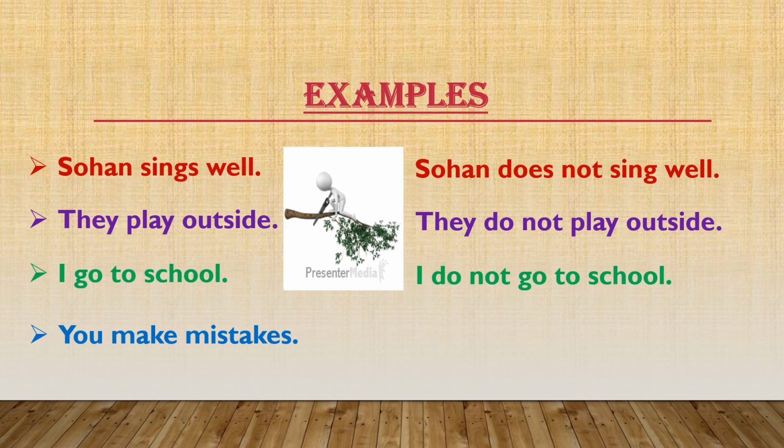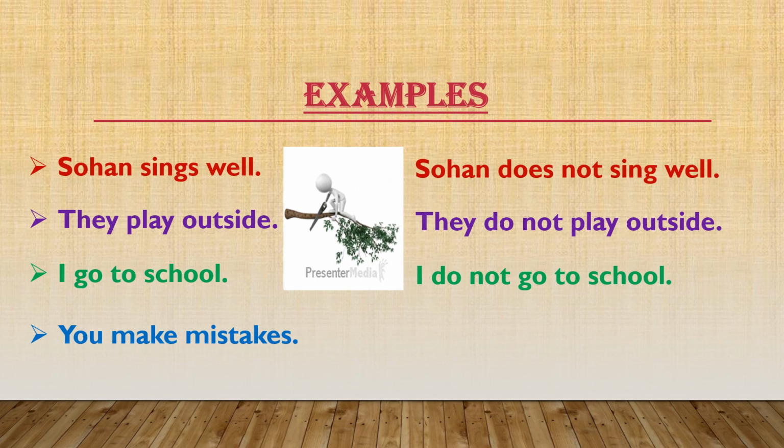Another one for you. You make mistakes. What is the verb here? Yes, it is make. Make is not having anything extra here. It is already in its root form. So make will remain make. Now find the subject here. Yes, the subject is you.